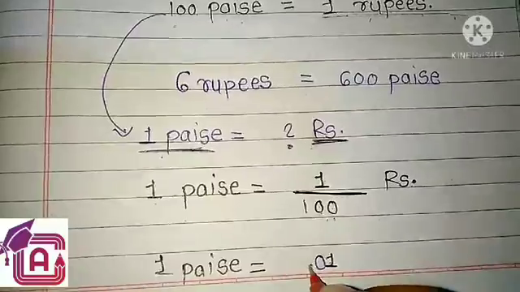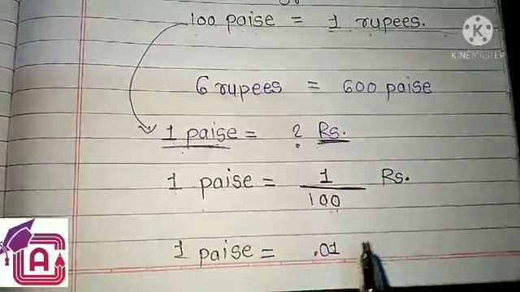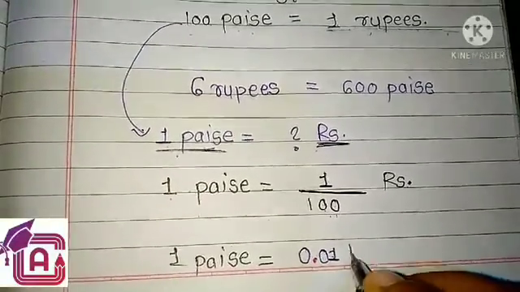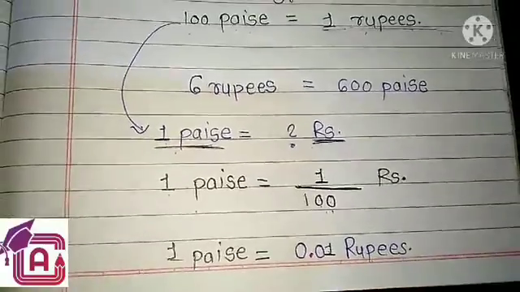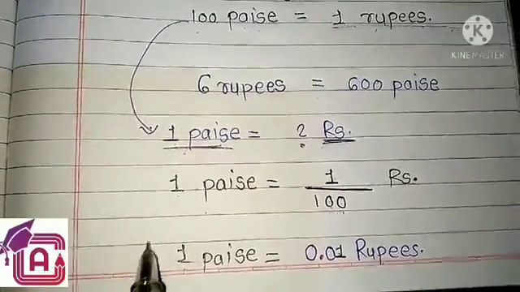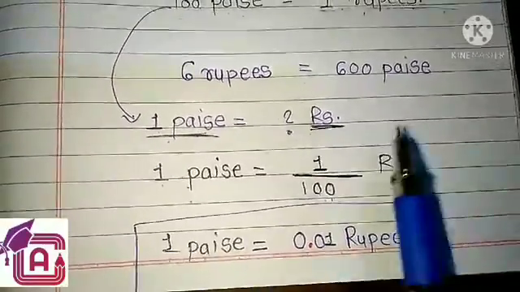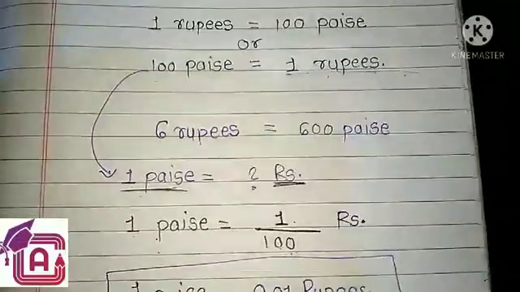After this we have to put a decimal point because 2 zeros are there in the denominator, and write down here 0. So 1 paise is equal to 0.01 rupees, because 1 paise is 1 part from 100 equal parts.